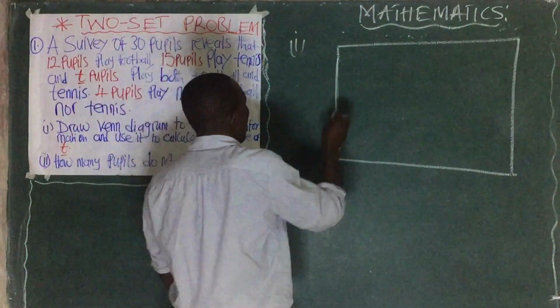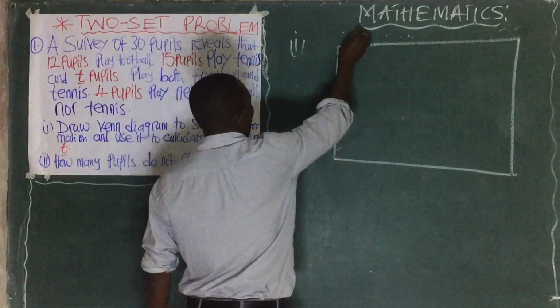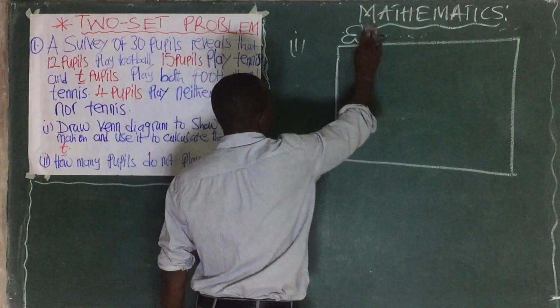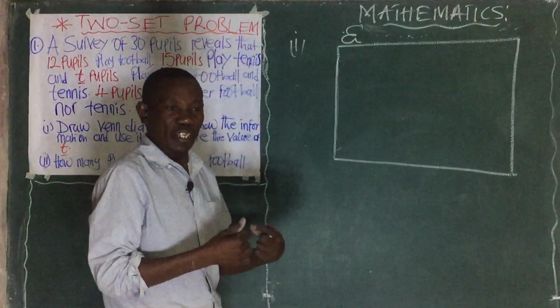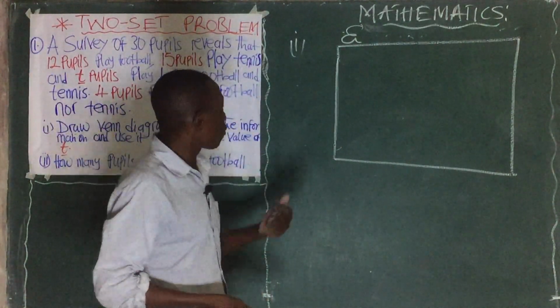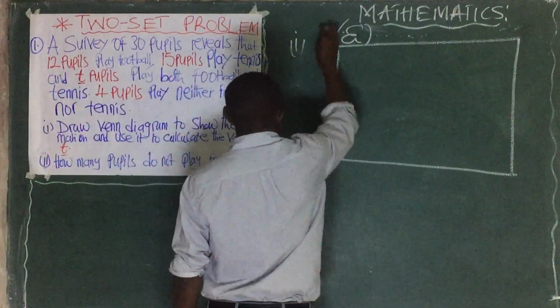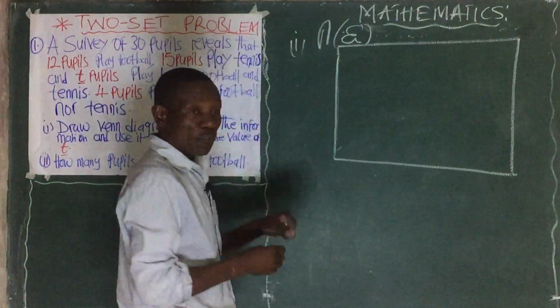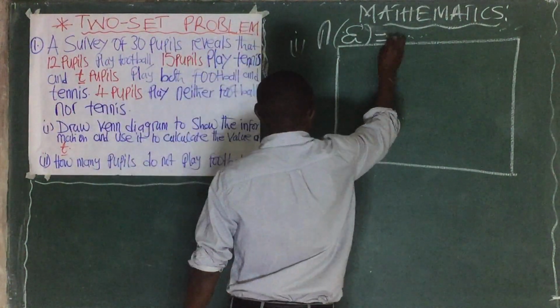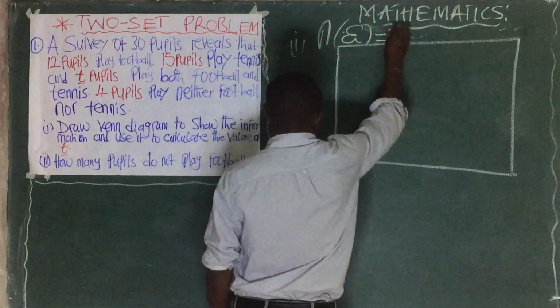On top here, I'll write the symbol of the universal set, but I have to at least state how many members or elements are found in this universal set. So attached here is the symbol n, signifying the number of elements in the universal set, which in this case, according to our question, is given as 30.